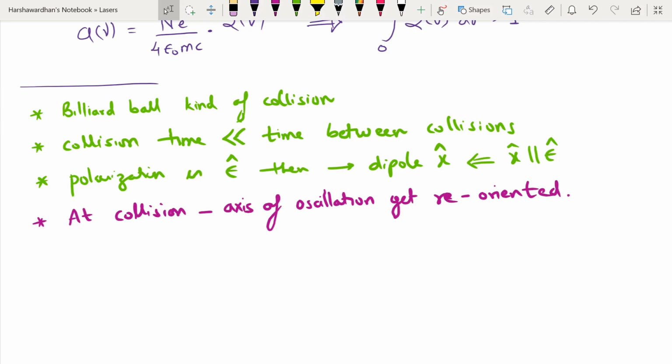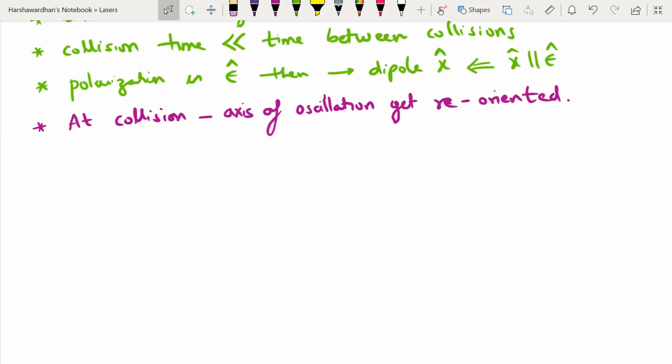Now you would recall that we had actually looked at the following equation when we looked at the Lorentzian line shape and the classical model of the dipole moment of an atom, which was our Lorentz model. So if you recall, my original equation was of this kind.